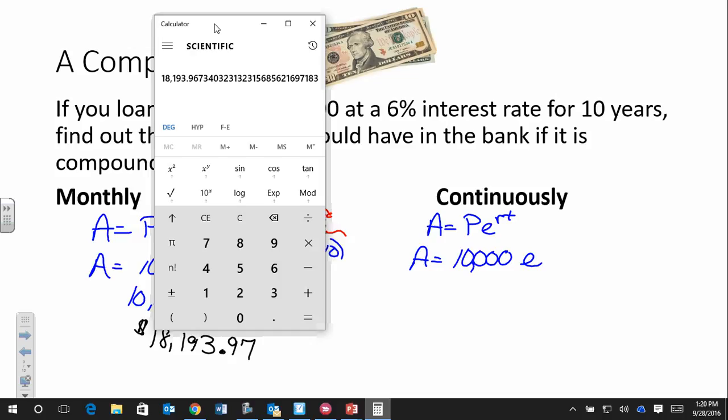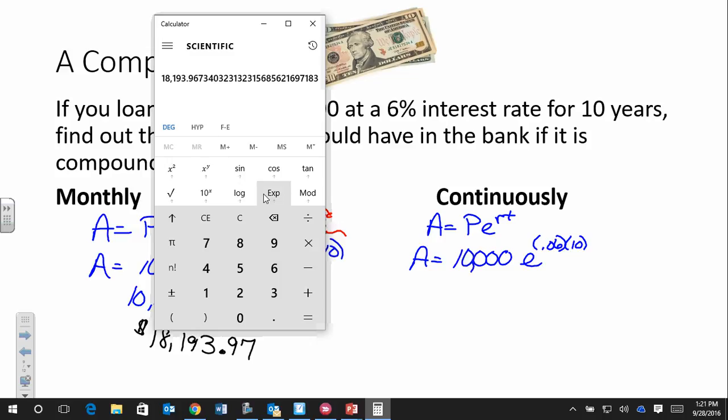E is our number in our calculator, so we don't even need to round it. We'll just use it as a button. And then our rate was 0.06, and our time is still 10, right? So we're going to take our 0.06 times 10, and we get 0.6.